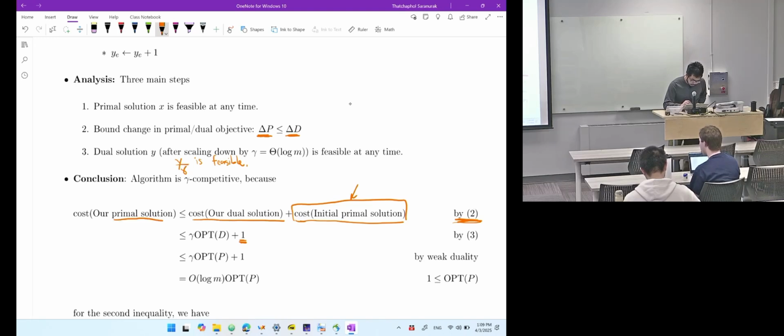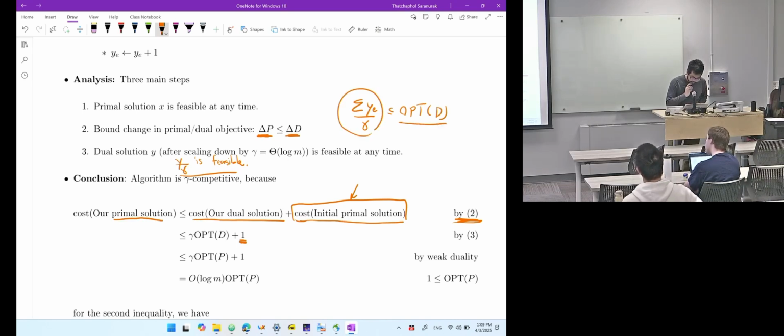We know that the sum of ye over gamma is at most d, because y over gamma is feasible, so this thing is at most d. So it means that the sum of ye is at most d times gamma, so this gives this one.